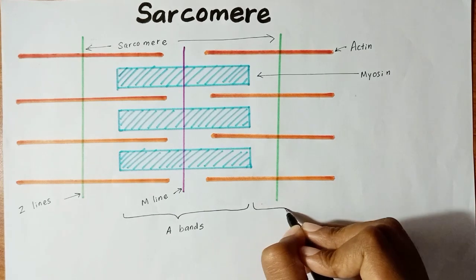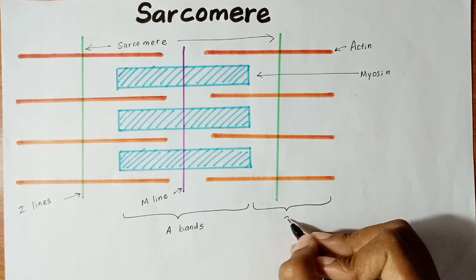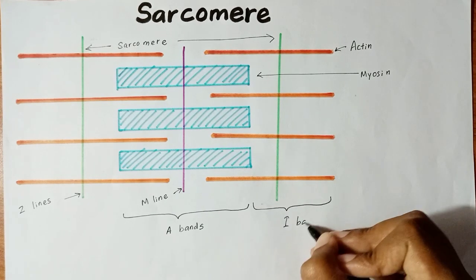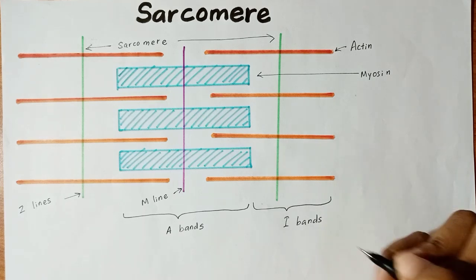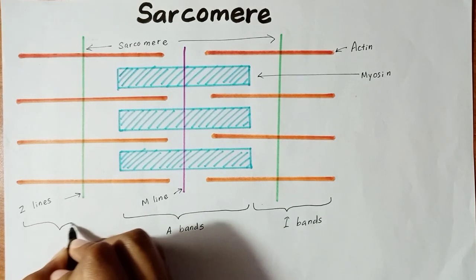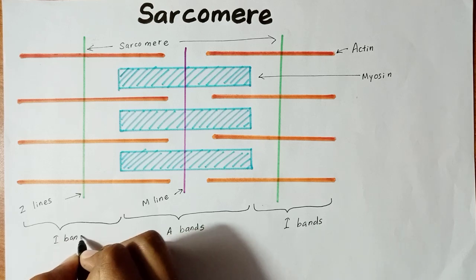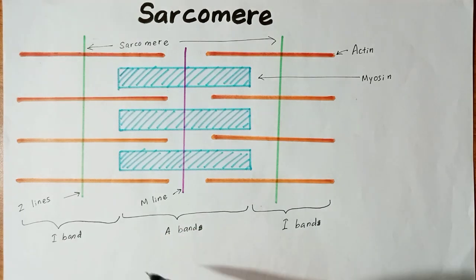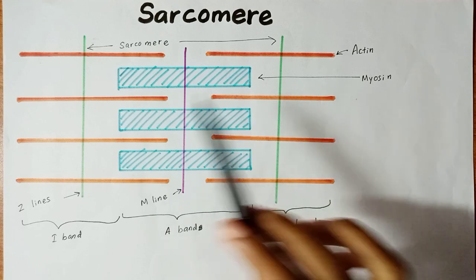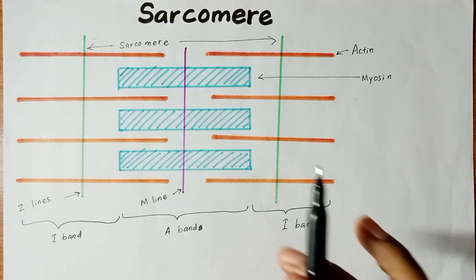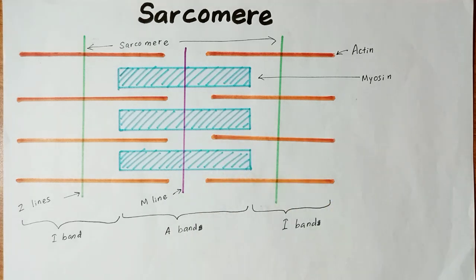So this part is known as I band because it consists only of actin filaments. As this A band consists of myosin, the thick filaments, it is darker, and the I band consists only of actin, that means the thinner filaments, so it is lighter.